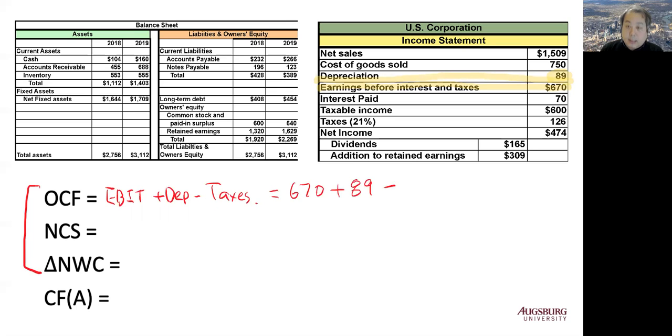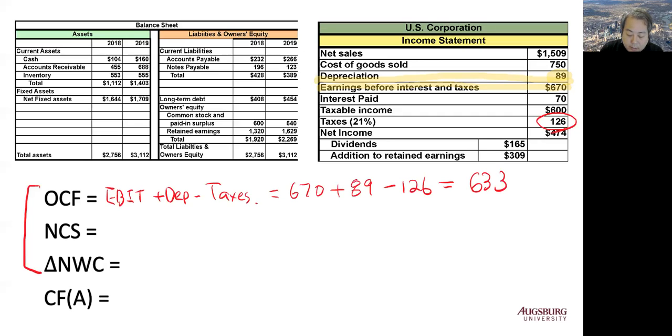And then tax you can find here, $126. So 670 plus 89 minus 126 is $633. That's operating cash flow.